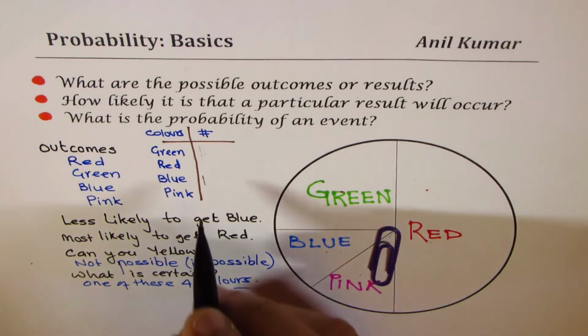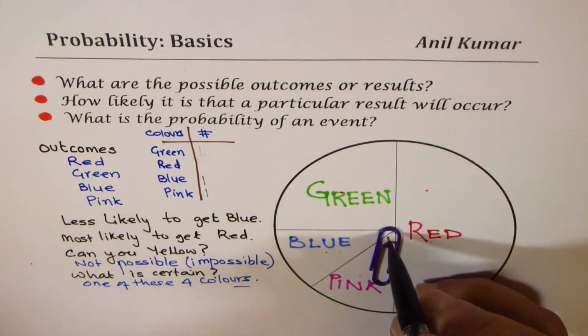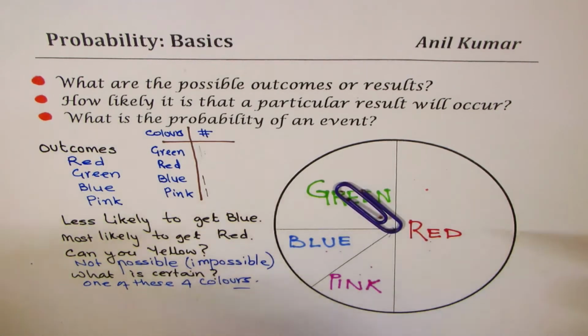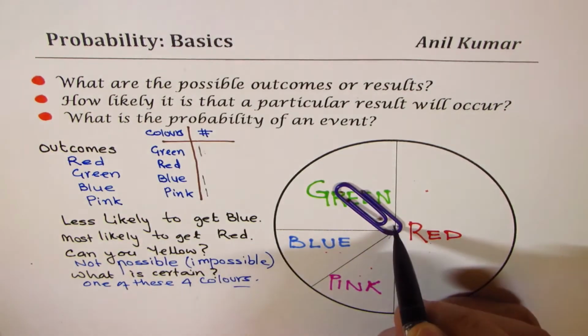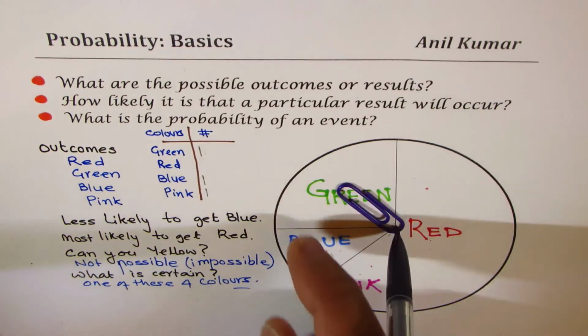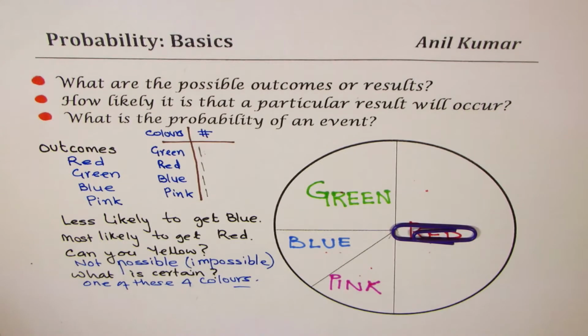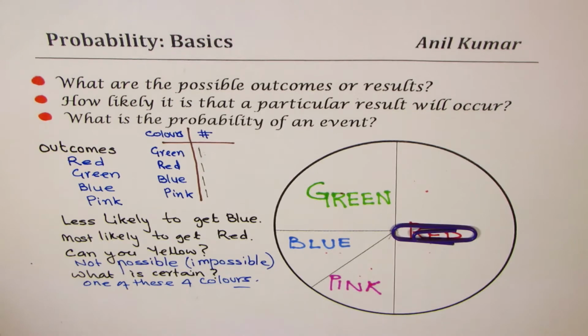So I get pink this time, so one line on pink, and then you continue like this 20 times, right? So green, put one on green. Likewise, do it 20 times, correct? And one on red. Likewise, you do it 20 times. And then see where you get it most. I hope you enjoyed this game and you learned few terms about probability.